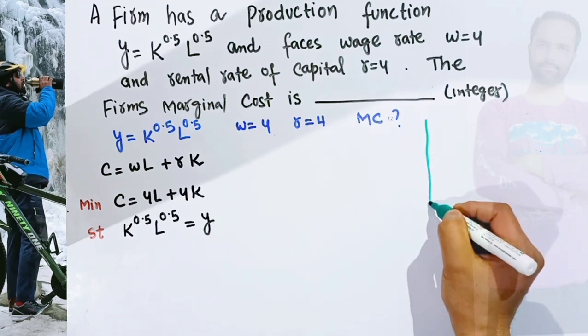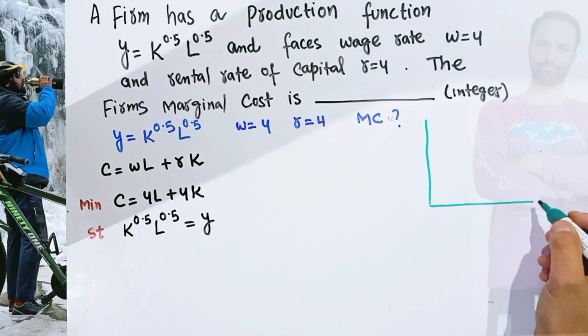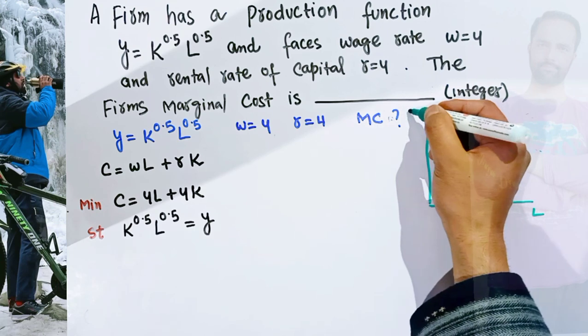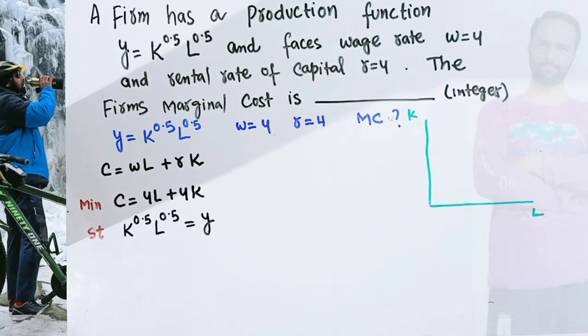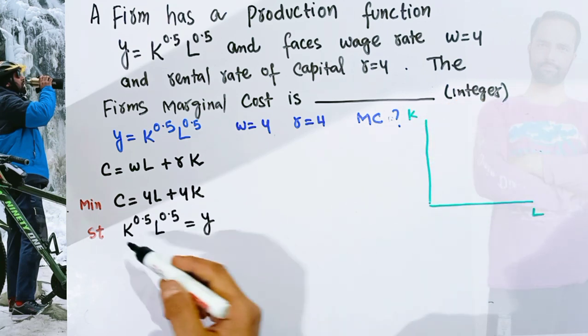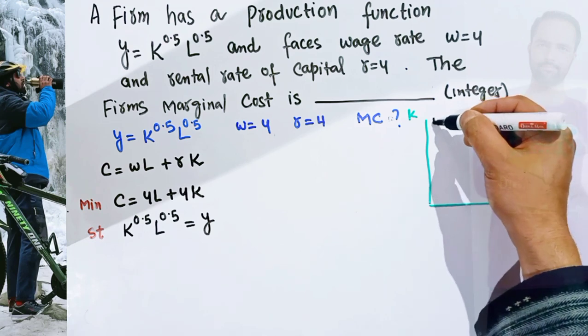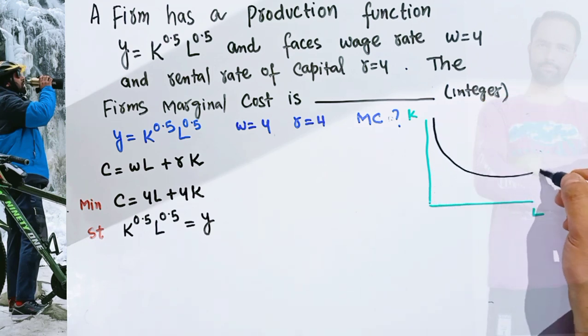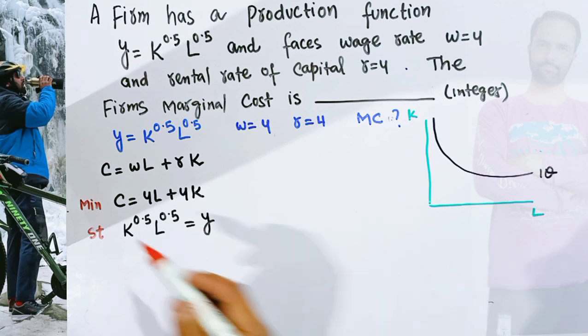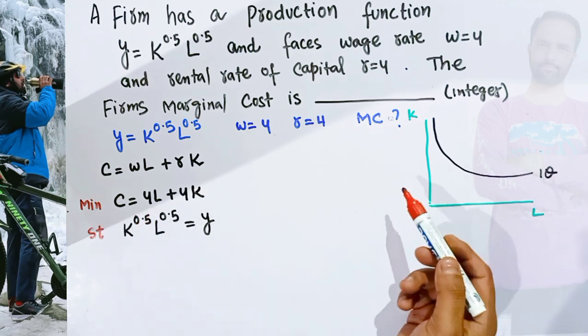Let's draw the graph. We have labor on this side, capital on this side. Given this isoquant, we want to minimize the cost.